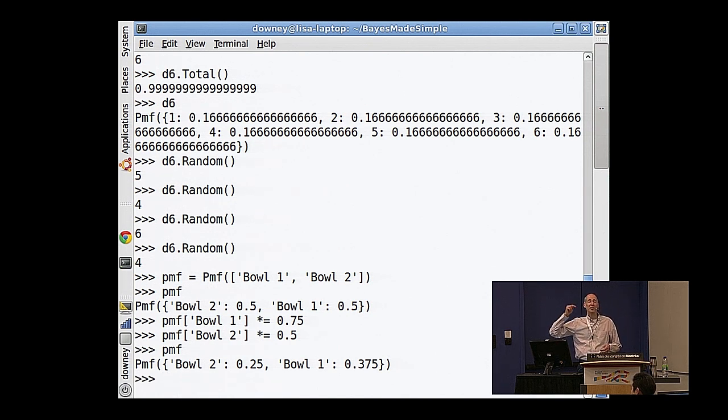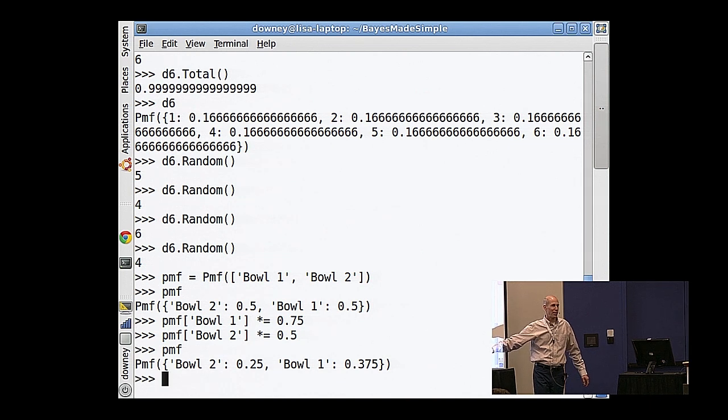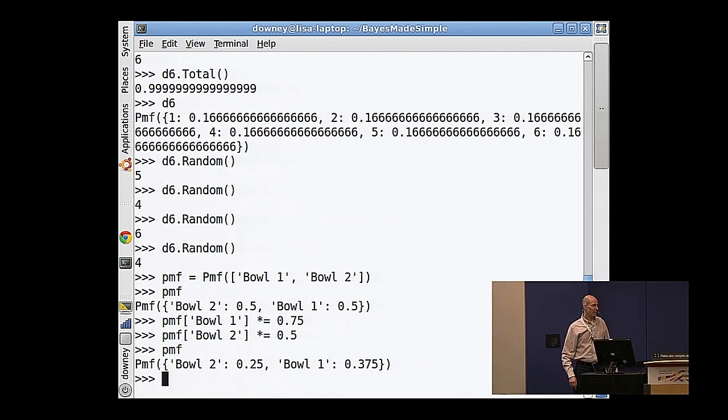I've done the first step of the update, which is to multiply each hypothesis by its likelihood. What I have here is not quite a posterior distribution yet because it's not normalized. Notice that the probabilities don't add up to 1.